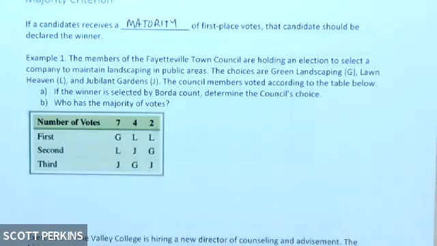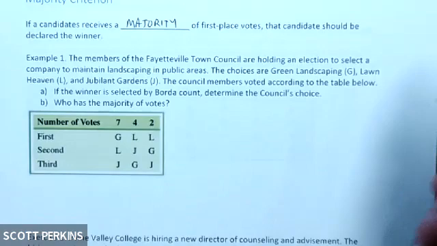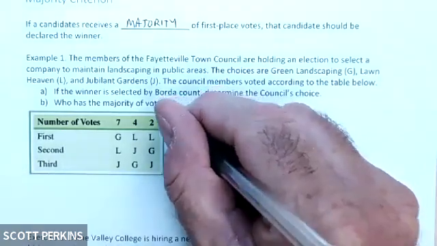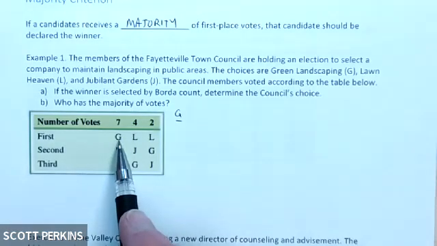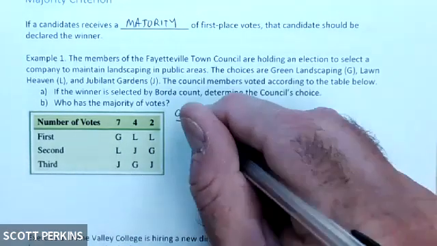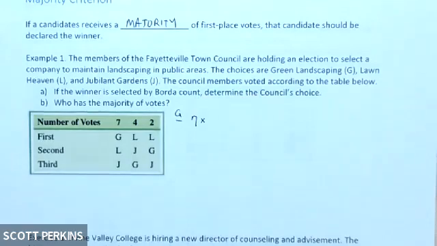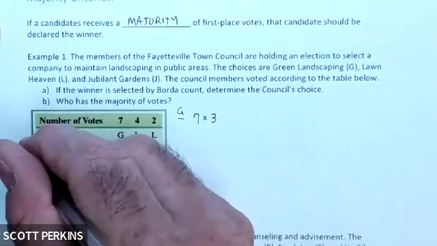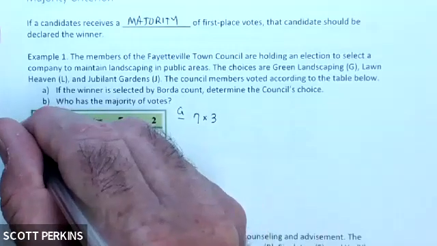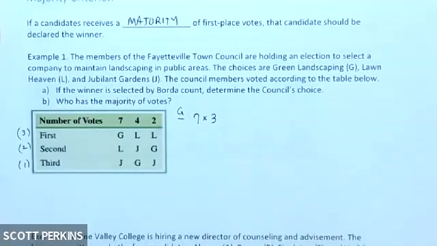So here we go. Remember our Borda count, I'm going to go in the order they're given. We're going to look at G, green landscaping. Green landscaping got 7 first place votes. What do I multiply that 7 by in my Borda count method? 3. Yes, because we have 3 options, we're going to give all the third place options 1 point, the second 2 points, the first 3 points.